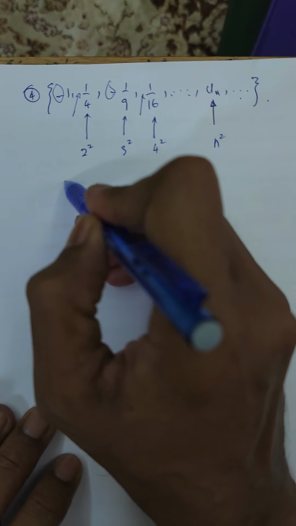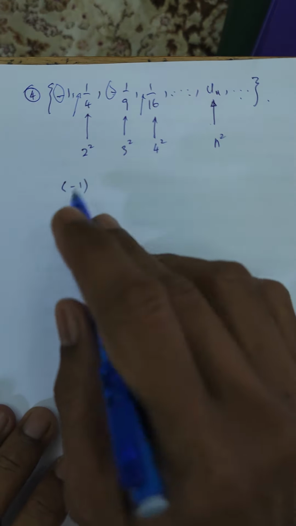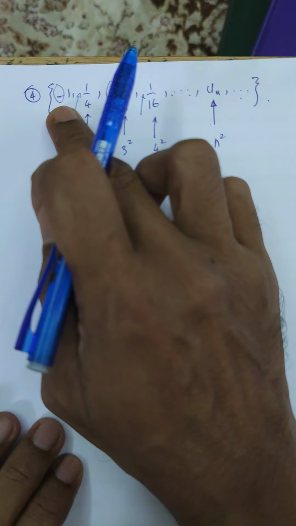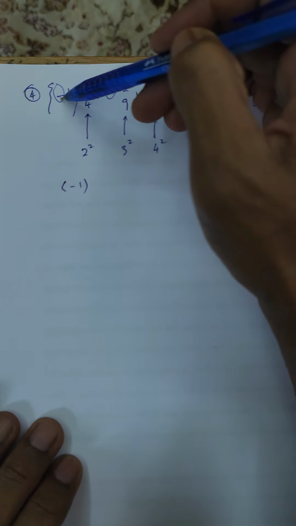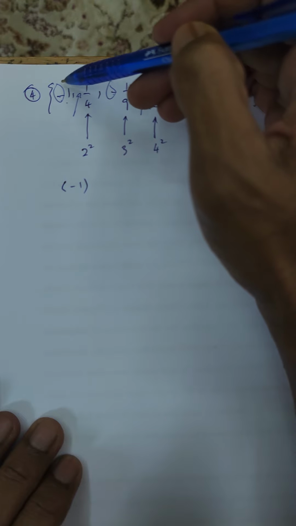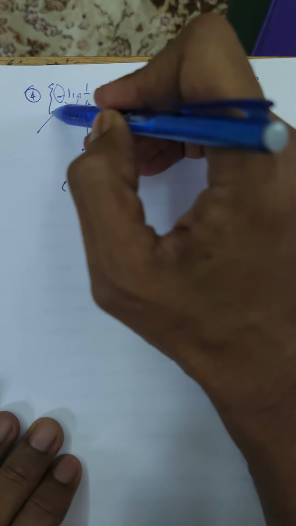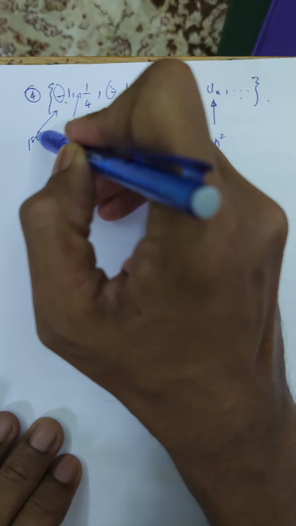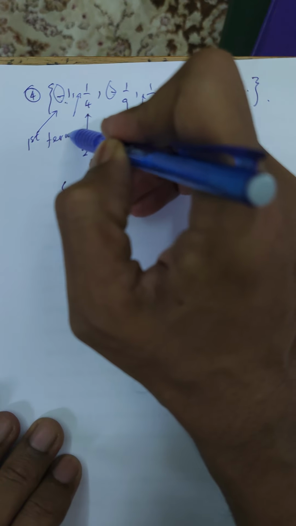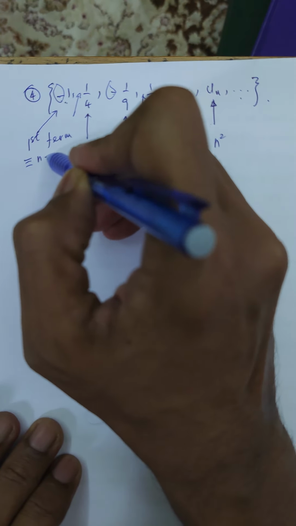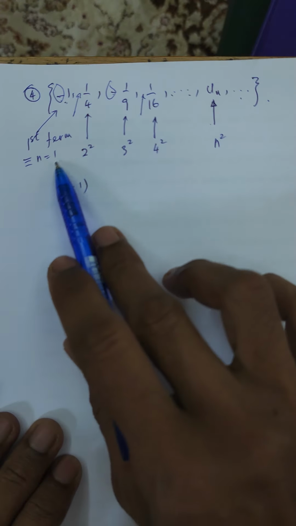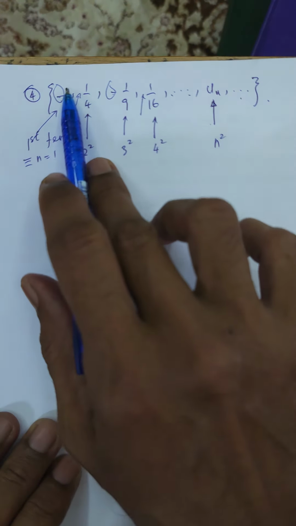Now to obtain those alternating signs of the sequence, we use negative 1. But the power of what depends on this. When n equals 1, because this is the first term, we have negative.